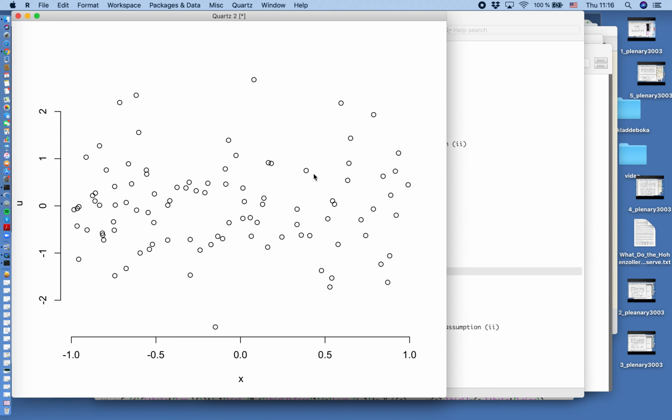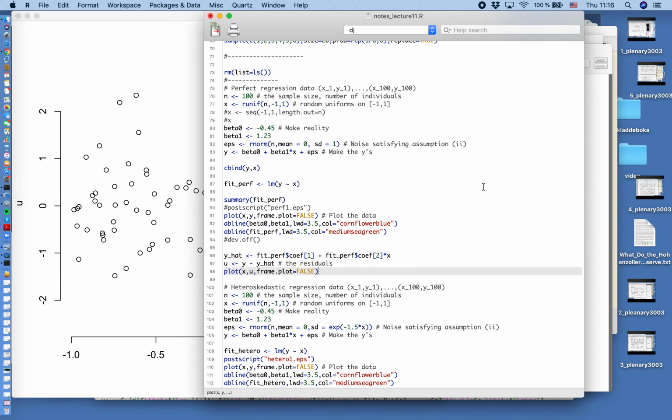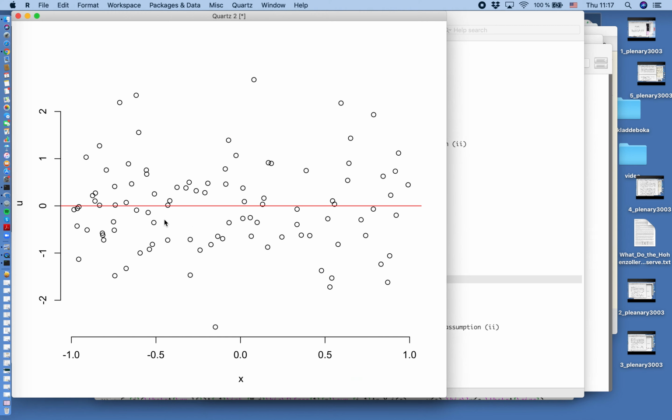Here, there are some things to notice. These are what the residuals are supposed to look like if your model is good, and here our model is perfect, so they might look like this. If we add a line at 0, color red, we see that first of all there is no clear pattern in this plot.